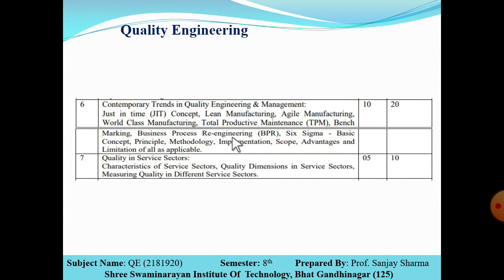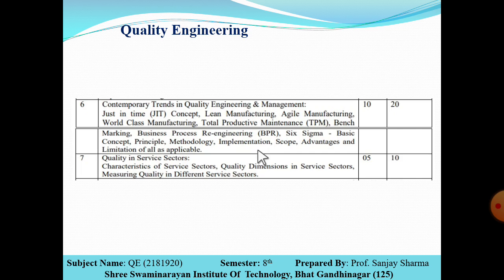We will also see business process re-engineering, that is BPR, and Six Sigma: basic concepts, principles, methodology, implementation, scope, advantages and limitations, as applicable. So in unit number 6 we will see different manufacturing technologies, methods, or systems developed in manufacturing in order to obtain quality.